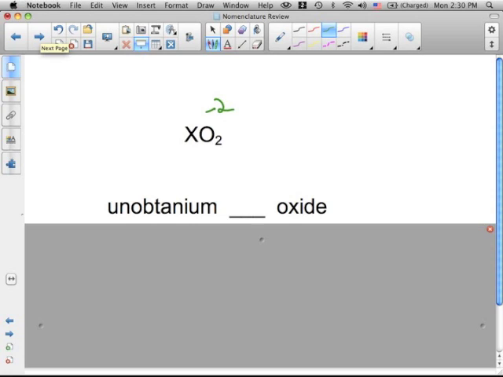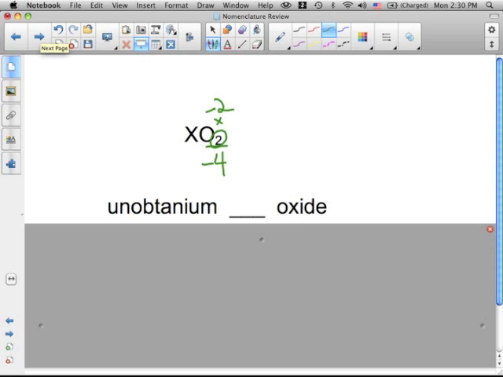There are two oxygen atoms, or two oxygen ions, in this compound, each of which has a -2 charge. So -2 times 2 equals -4.